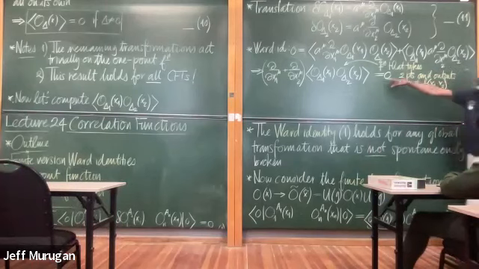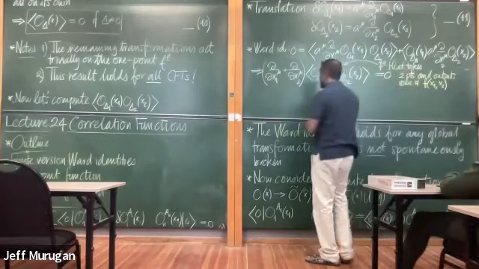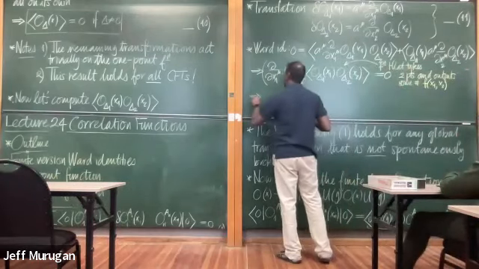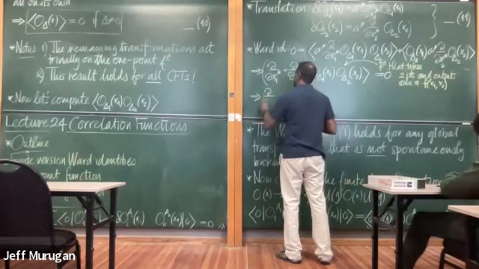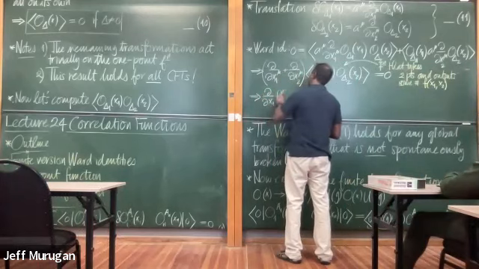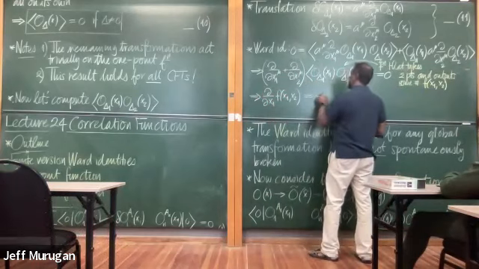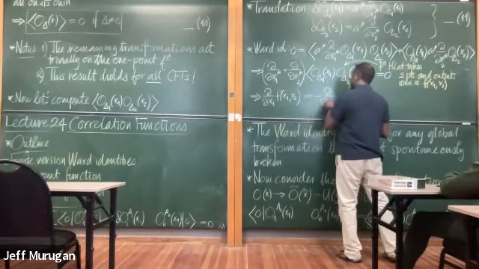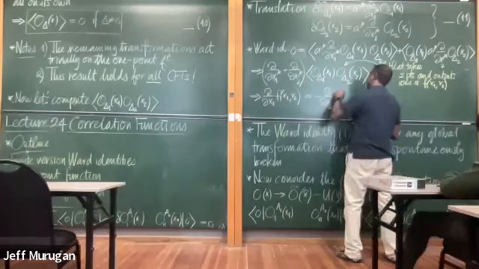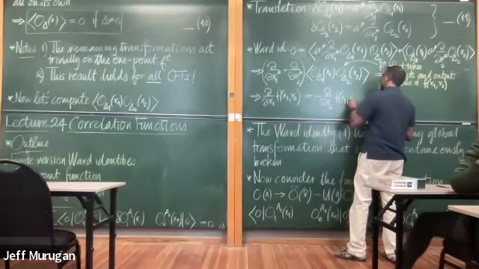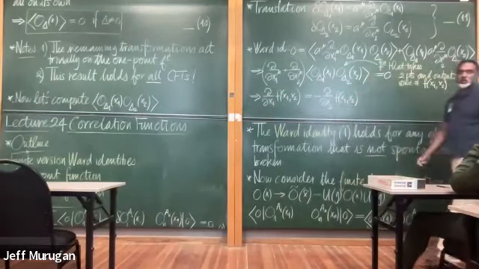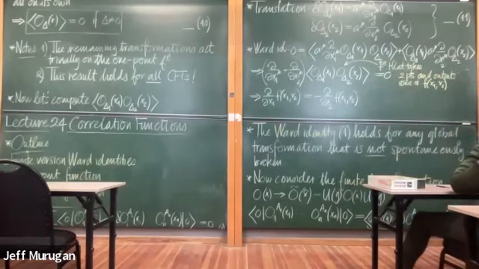Well, what this equation tells us is that whatever that function is, it must satisfy d by dx1 of f of x1 and x2 equals minus d by dx2 of f of x1 and x2. In other words, its dependence on x1 and x2 can only go like x1 minus x2.